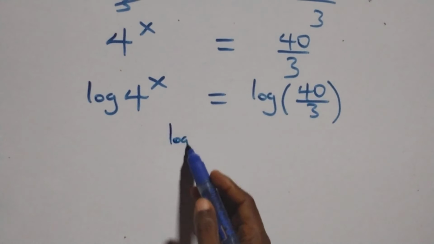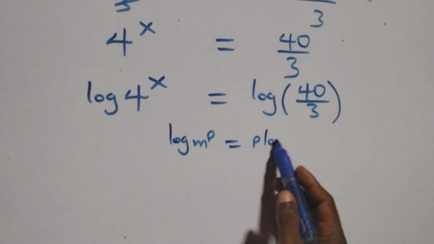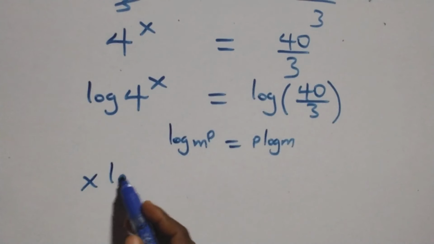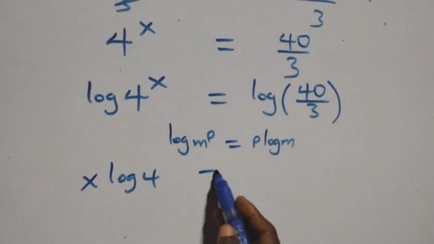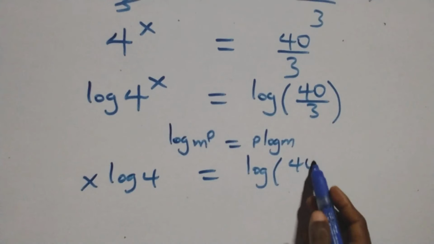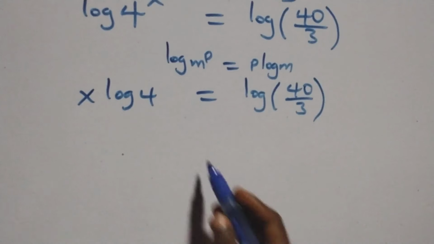The next step, we apply the power law of log. When we have log m raised to power p, it is the same thing as p log m. As this here, we have x log 4 equals log 40 over 3. Also, this follows the law of logarithm.